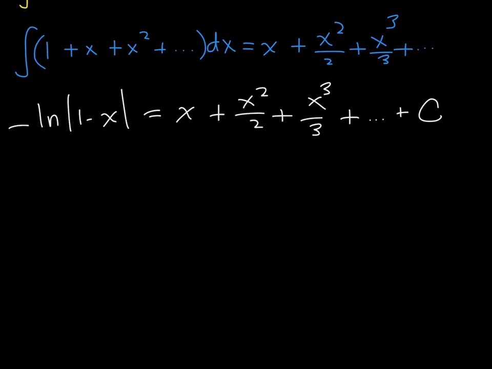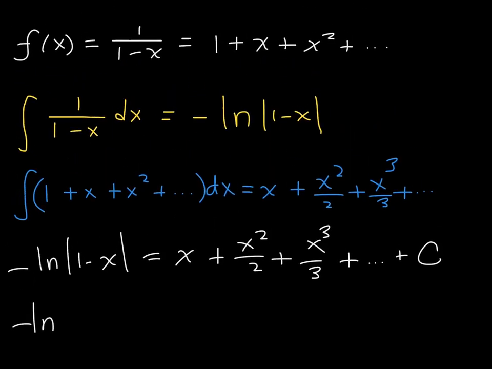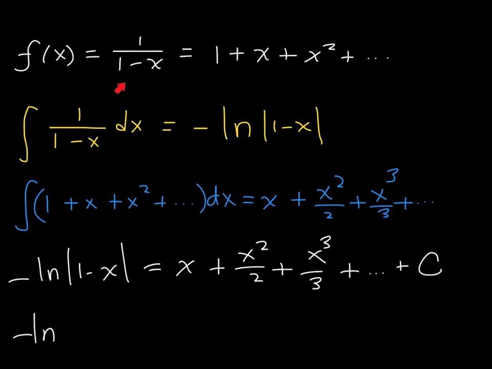In other words, what I'm saying is the negation of the natural log of 1 minus x. Actually, I can do away with the absolute values, because remember that for this series, we have that the absolute value of x is less than 1.